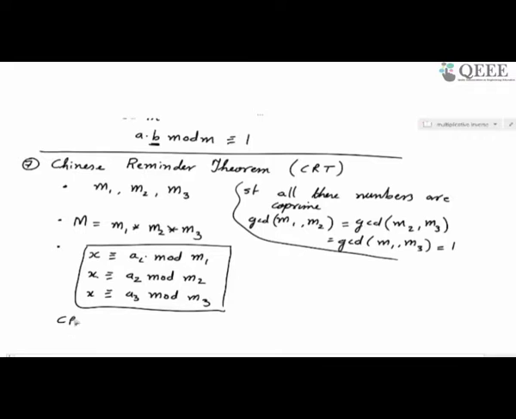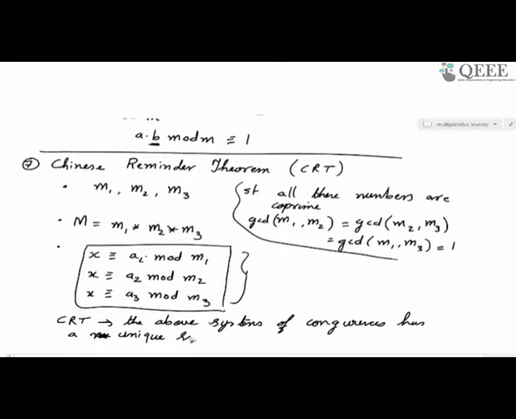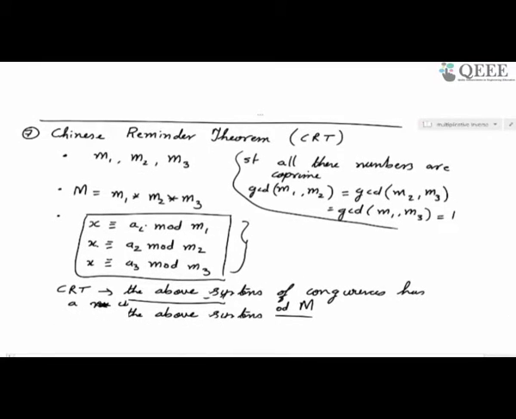What the Chinese remainder theorem states is that this system of congruences has a unique solution modulo capital M.